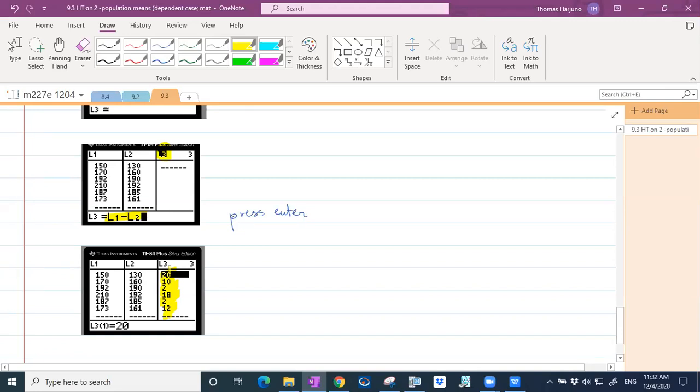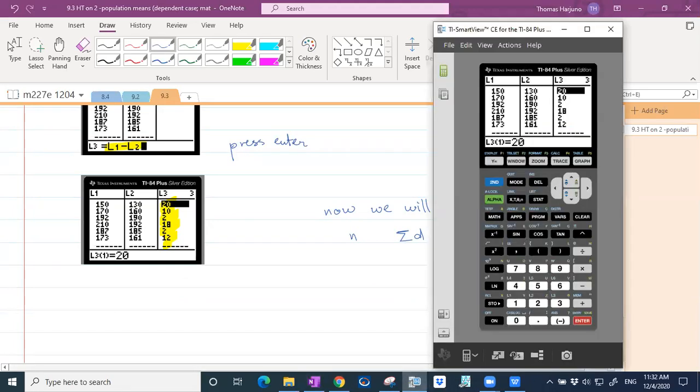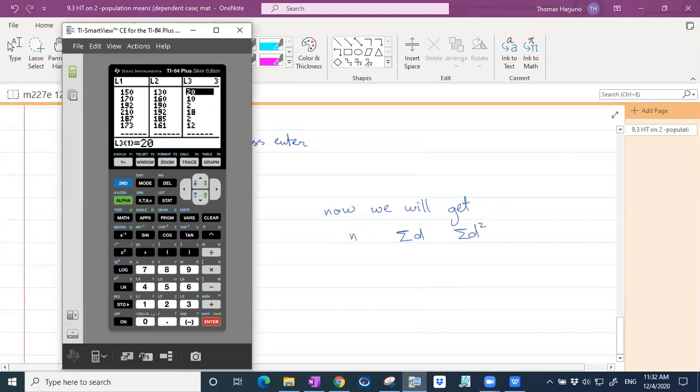Now we will get the n, the sum of d, and the sum of d squared. How do we do that? Go back to your calculator. You will perform one-variable stats on L3. So you go to stat, calculate, one-var stats on L3.